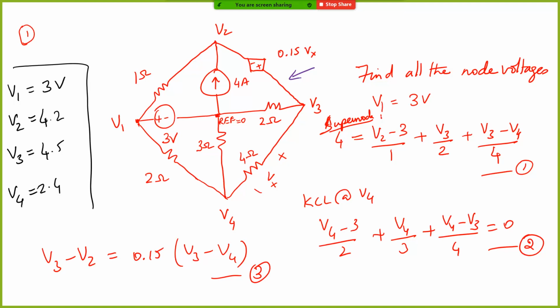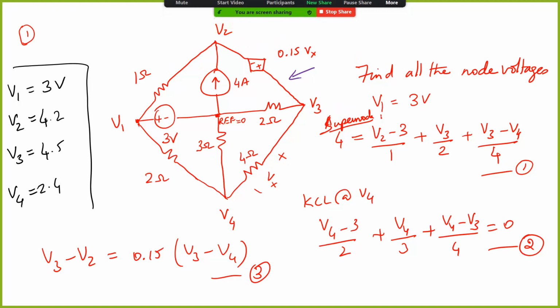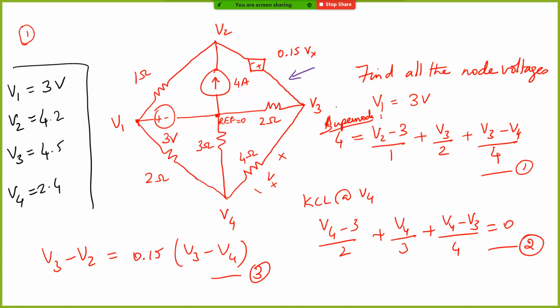You'll have 4 equations, 4 unknowns, a more elaborate solution. That is the longer way. The easier way is to take it as a super node, because whatever current is going out of V2 will anyway come into V3.